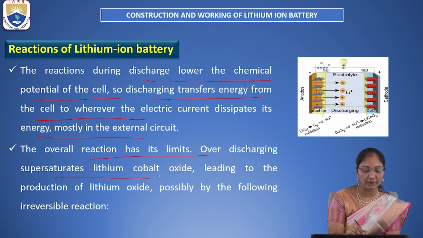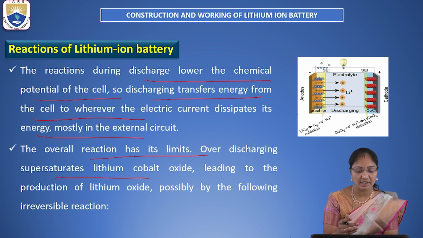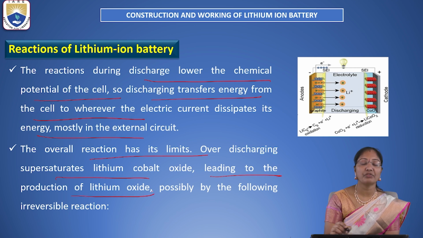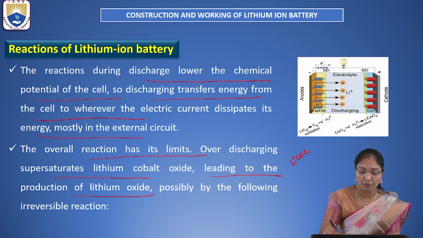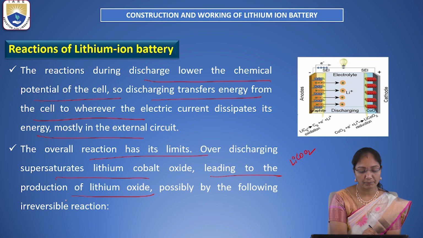Over discharging supersaturates the cell. If the battery is drained too much or over discharged, it happens in this lithium cobalt oxide, leading to the production of lithium oxide. So the lithium cobalt dioxide, which is LiCoO2, is going to produce lithium oxide, Li2O.